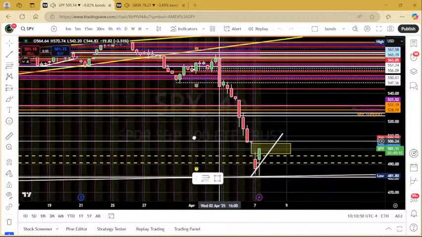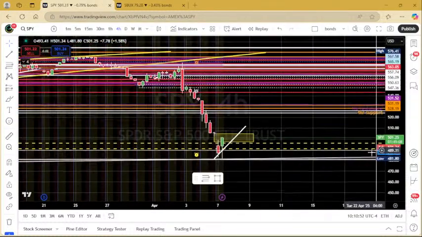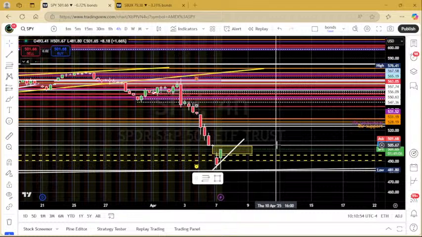Alright. Ooh, SPY going bananas. Filled that gap. Yeah, 10, 11, 10 o'clock it started moving.